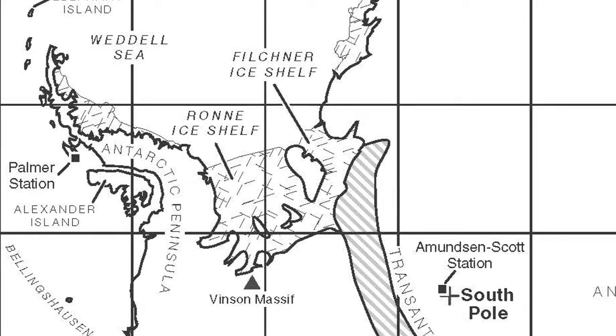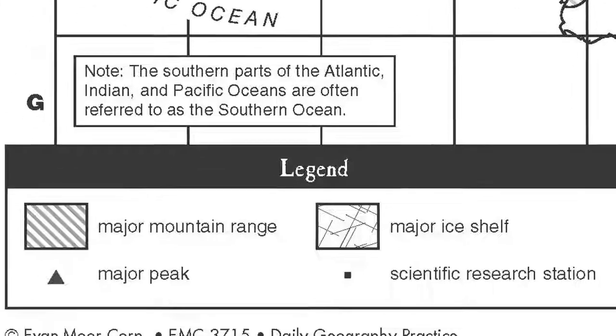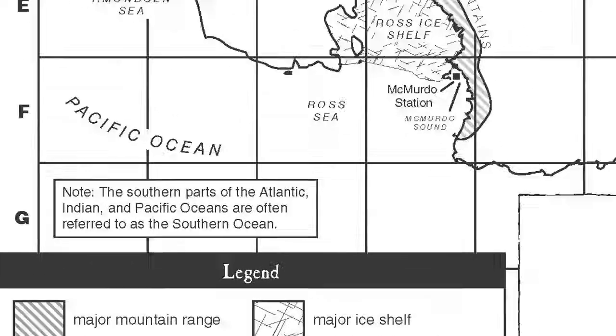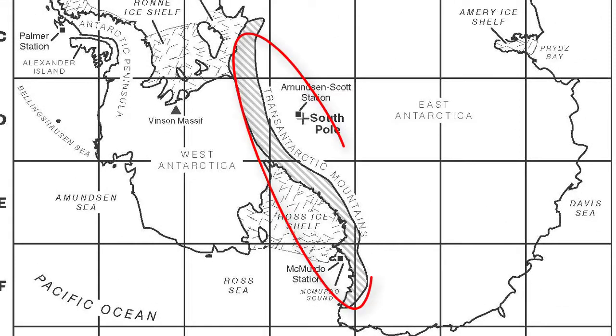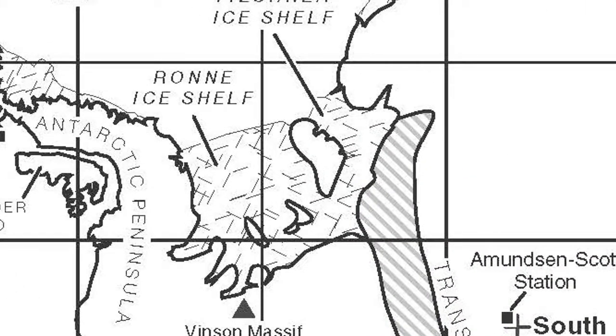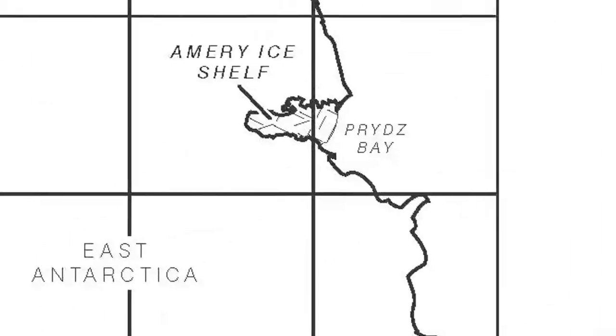You'll also see, thanks to the legend, these different symbols that represent our different land features that can be seen in Antarctica. In this case, we are looking at the major mountain ranges, particularly the Transantarctic Mountains. You also have mentioned in the legend the major ice shelves, which are identified, such as the Ronne Ice Shelf, which is to the top, as well as others that are around.